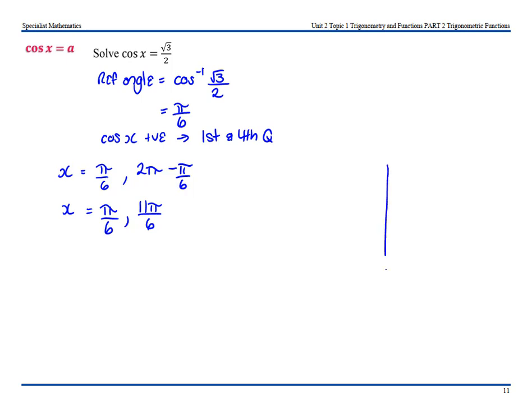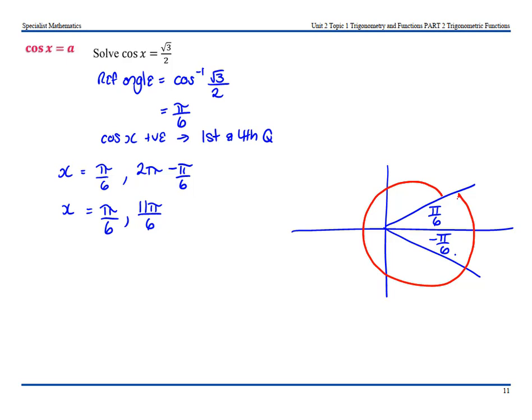Now the key with cos is we have pi on 6 and negative pi on 6. So if I add 2 pi to the pi on 6, I end up back to here. If I add 2 pi to the negative pi on 6, I'll end up back there.